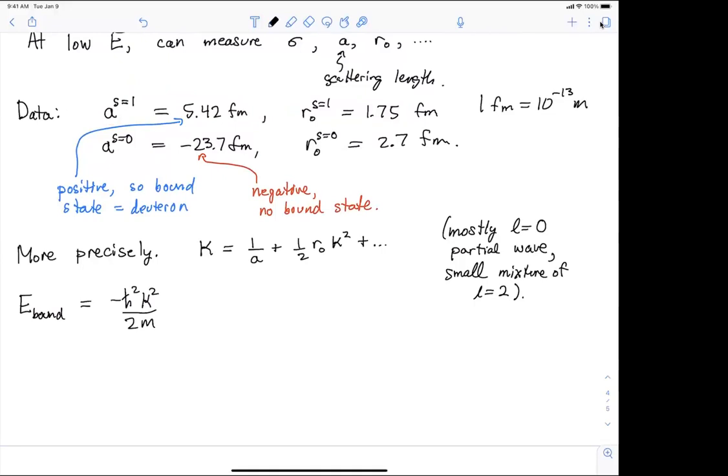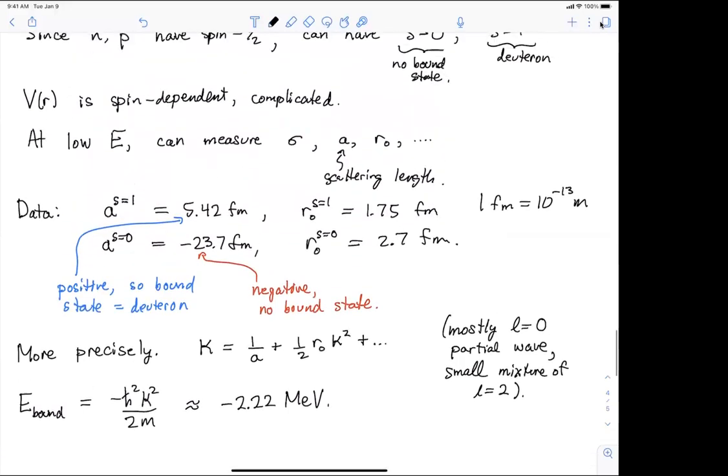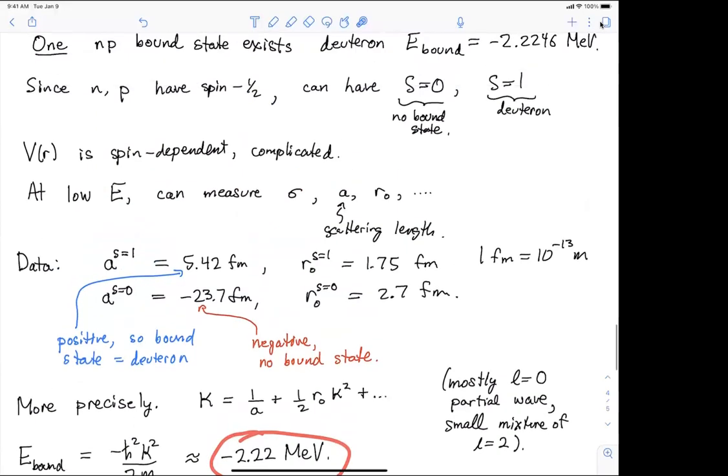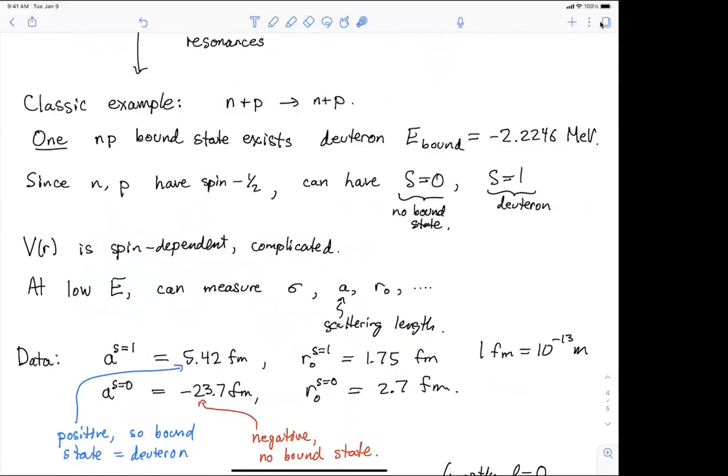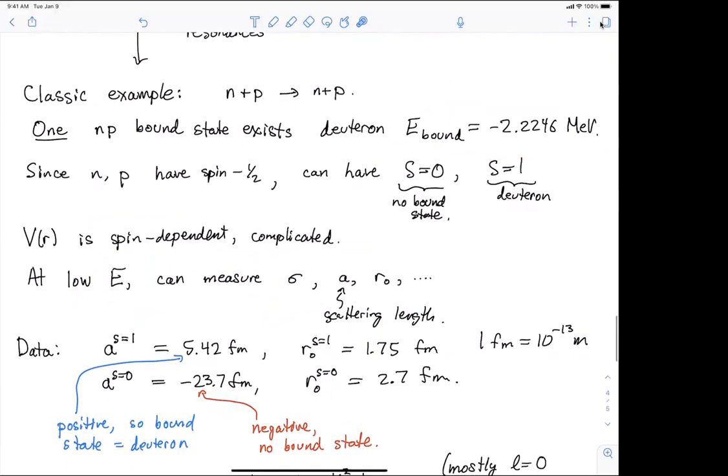We know all those numbers, and if you just plug them in, it turns out to be about minus 2.22 MeV. That number, minus 2.22 MeV, should be compared to the measured binding energy, to which it's extremely close. So that's showing that all of this stuff works.